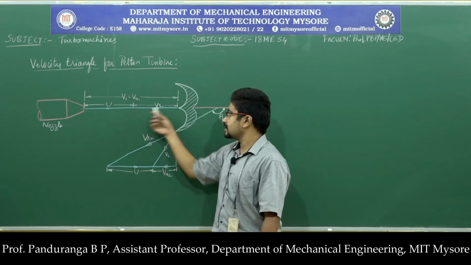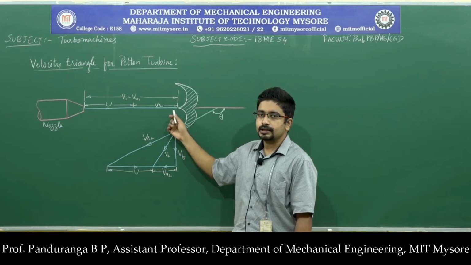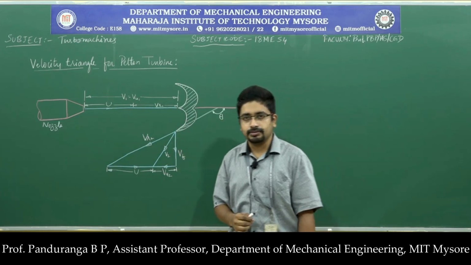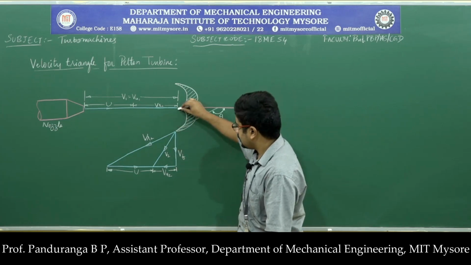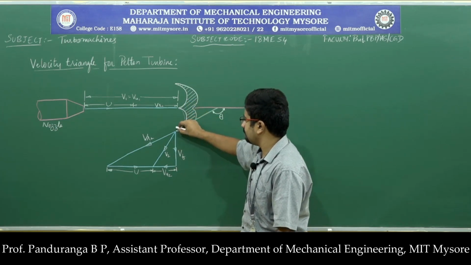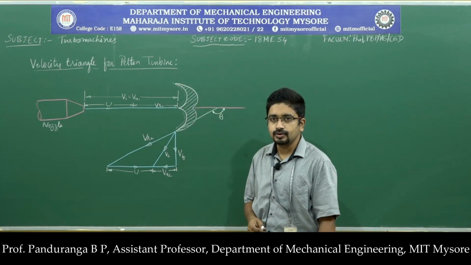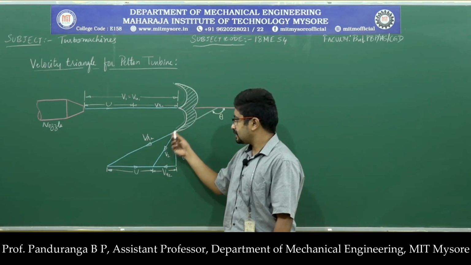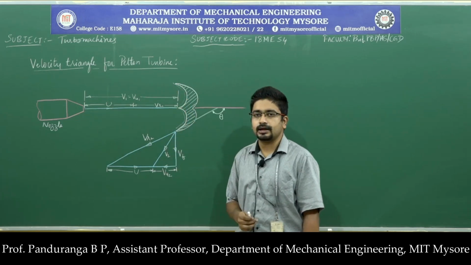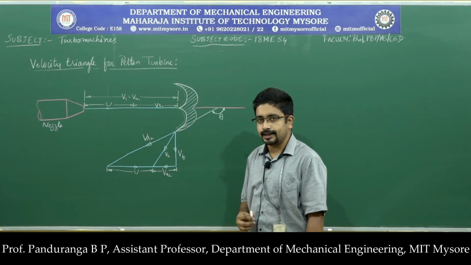So the water jet enters the turbine. At the inlet, the blade angle will be 0. Then the water passes over the turbine blades and gets split into two parts, and each part comes out of each side of the bucket or the blade.